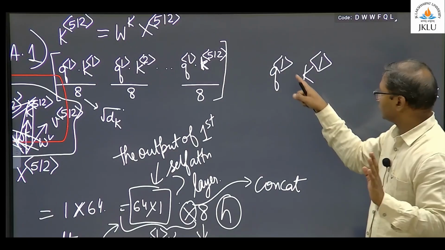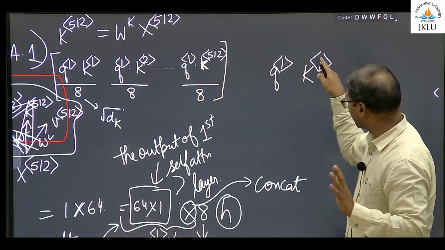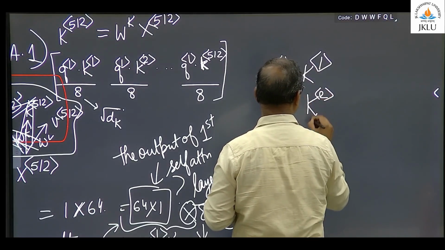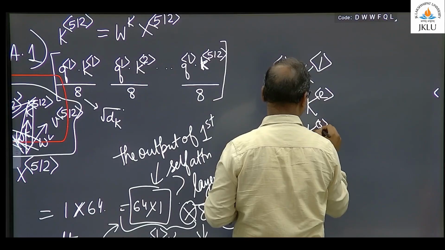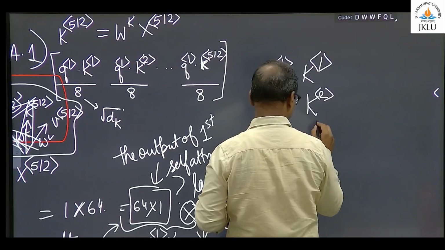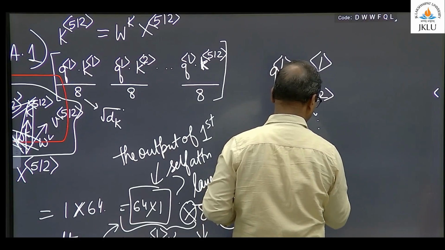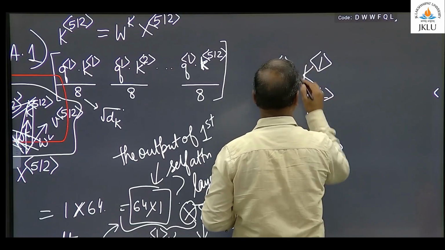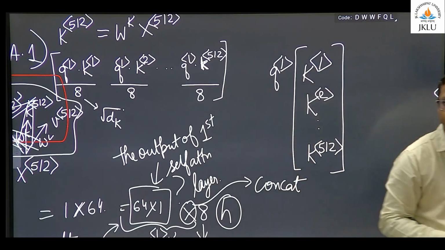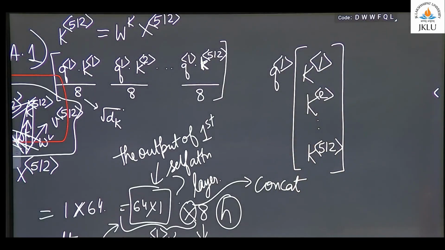Leave 512 aside for a moment. Q1 and then what should be here? K2, K3. In fact, let me not draw K3. All the way until K512. Will this give me this? Right.